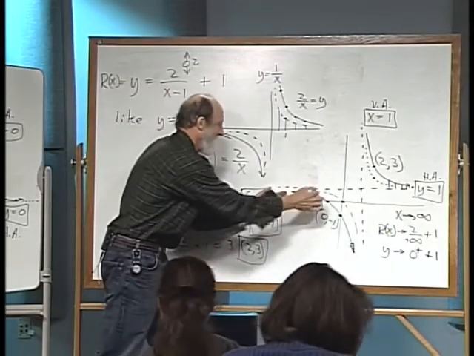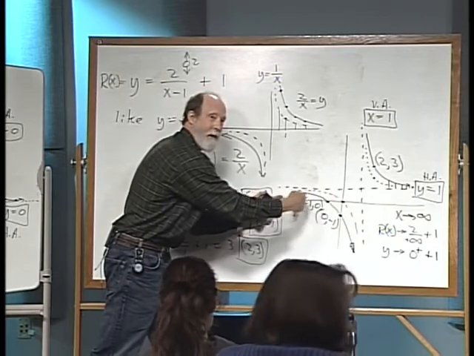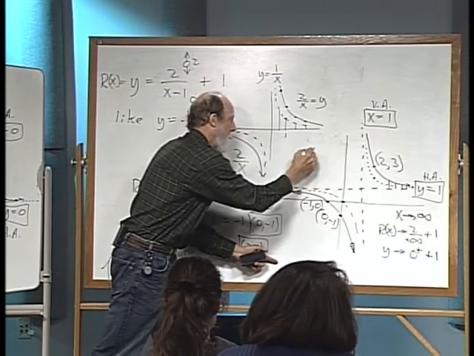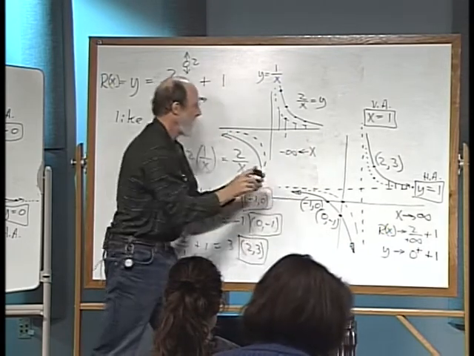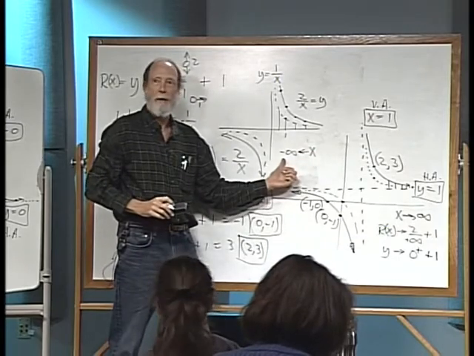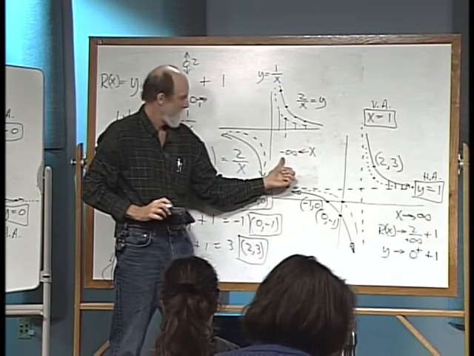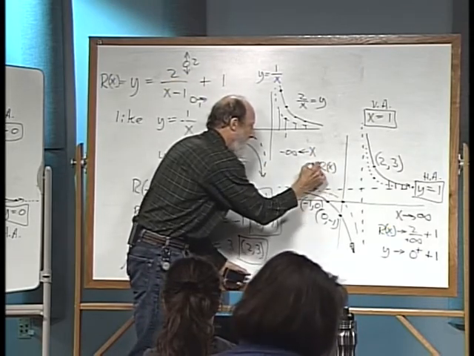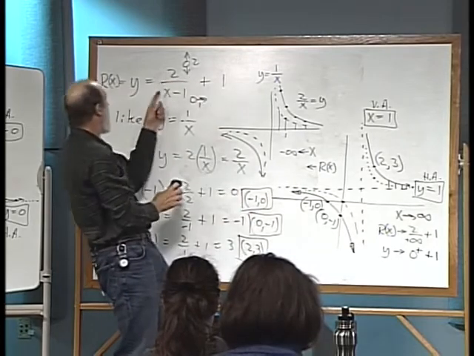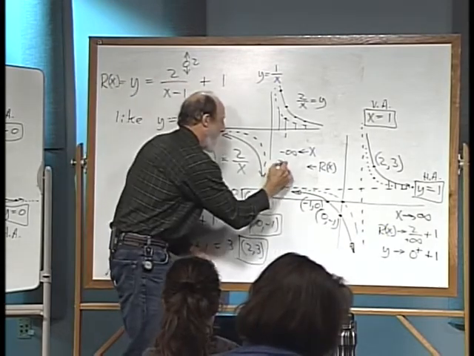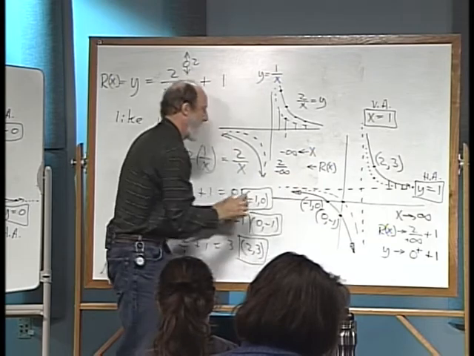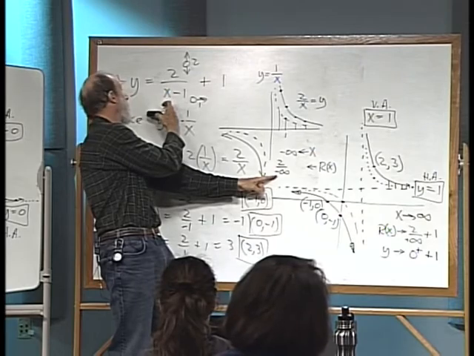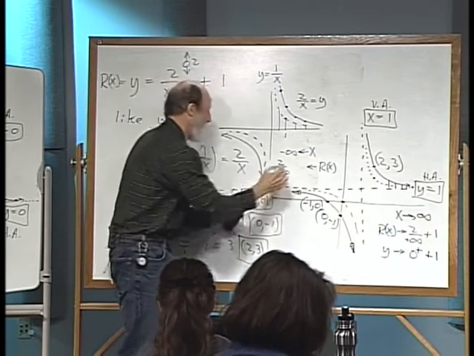Okay. Now, as we go off to the left here, let's do it similar to what I mentioned earlier. As we let x approach negative infinity, going to the left, let's see what happens to r of x. We have 2 over a large negative number, plus 1.